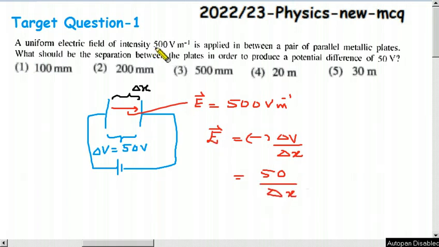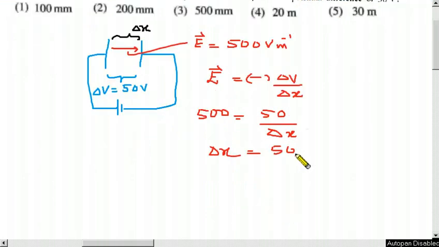Capital E is this one, 500. So delta x equals 50 divided by 500. So the 0 cancels, then 1 over 10, 0.1 meter.